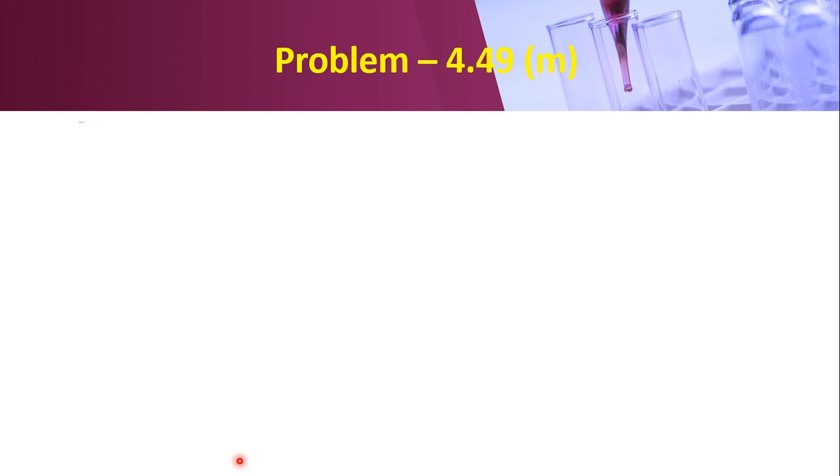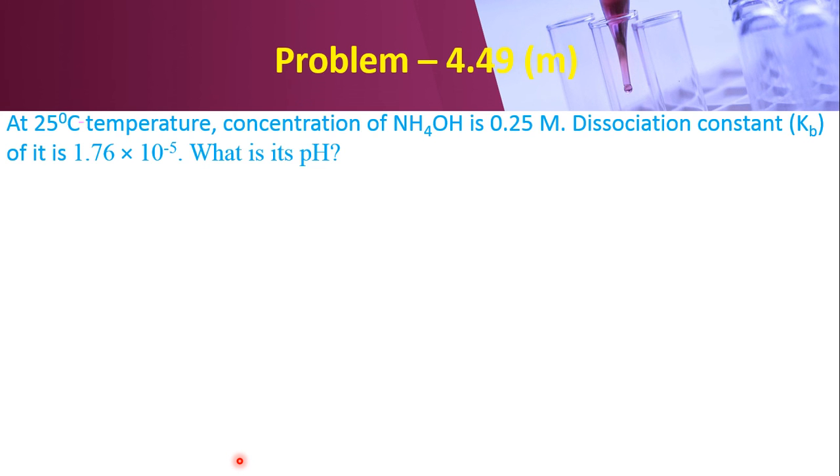Now this is the last one. Problem 4.49m. At 25 degrees Celsius, the concentration of ammonium hydroxide is 0.25 molar. The dissociation constant Kb of it is 1.76 into 10 to the power minus 5. What is its pH? Like acetic acid and hydrocyanic acid, ammonium hydroxide is also a weak base.